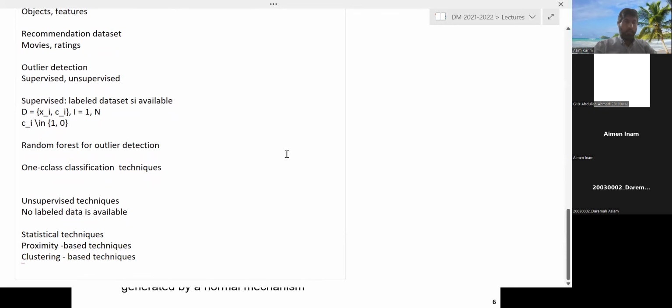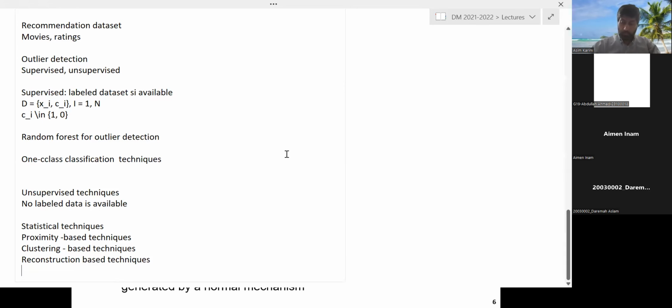And then finally, we have what is known as reconstruction. So in the unsupervised category, we have this further subcategorization. You can have statistical based techniques, we can have proximity based, and we can have the clustering based, and then of course reconstruction based. So let's briefly discuss these.